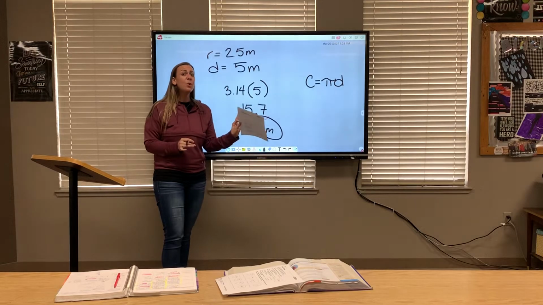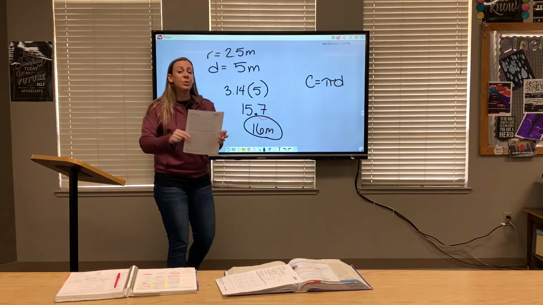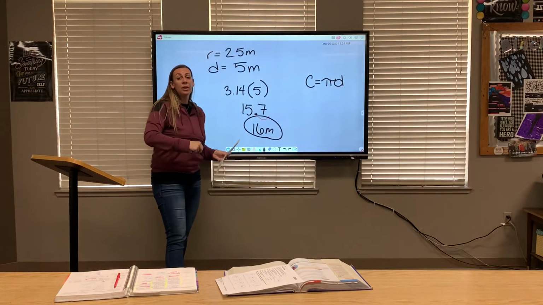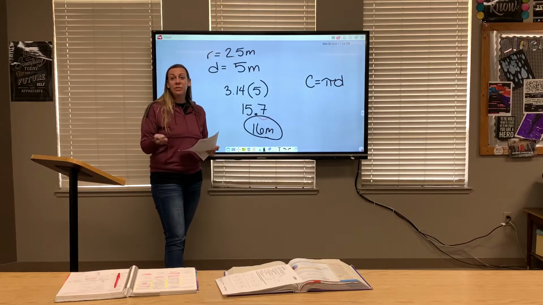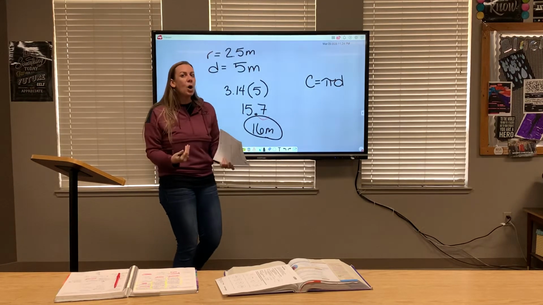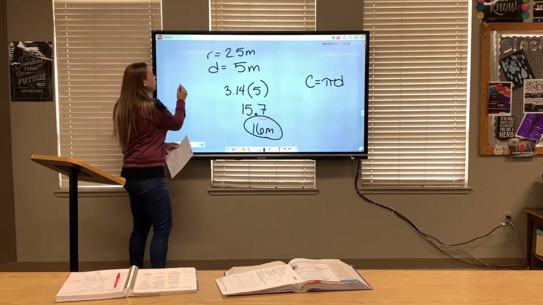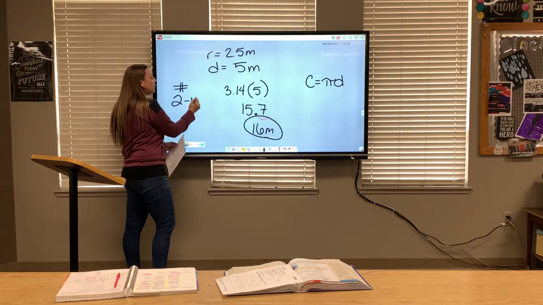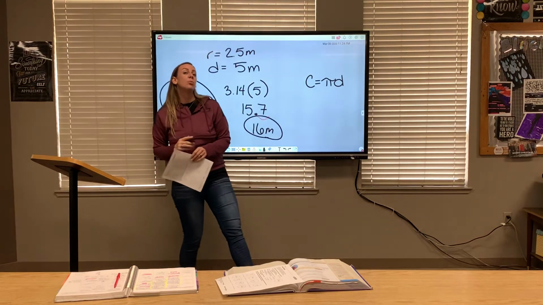So if you have the ability to print out the worksheets, awesome. If not, pull them up on your computer, do your work on a paper in front of you, in your math notebook, whatever it is, and then send me pictures of that so that I can see what you're doing, so that I can help you along the way. If you have any questions, that way I can use that to reference. We are going to do numbers 2 through 10 even on the back of that worksheet for 17.4.